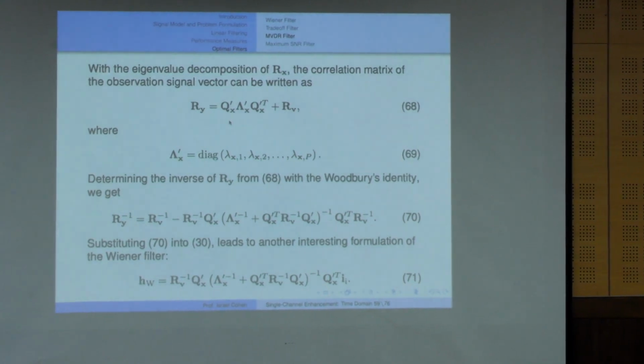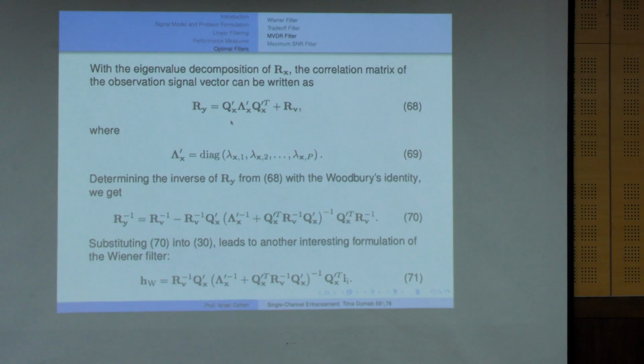What do you think now? If we want the trade-off filter, what do we need to do? I remind you, the trade-off is similar to the Wiener, but we need to change Rv with mu Rv. But you need to be careful, just like I said, if you have different expressions with subtraction and so on.